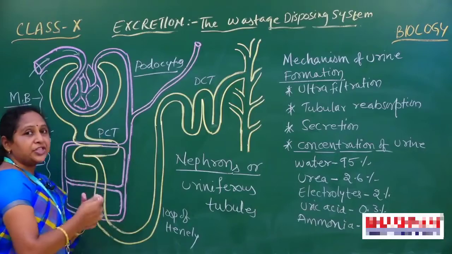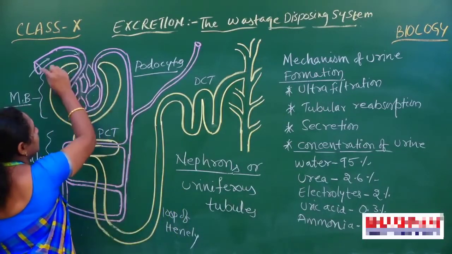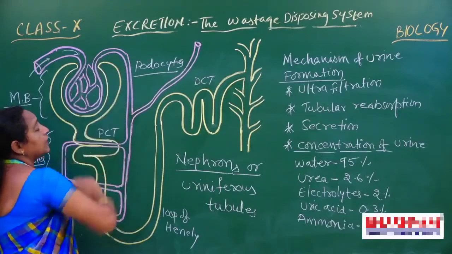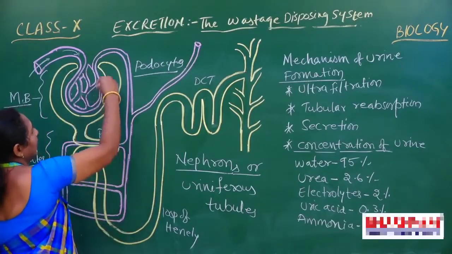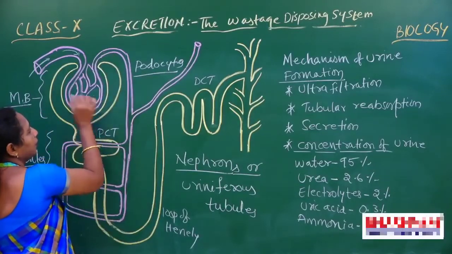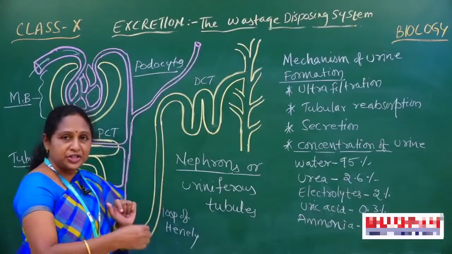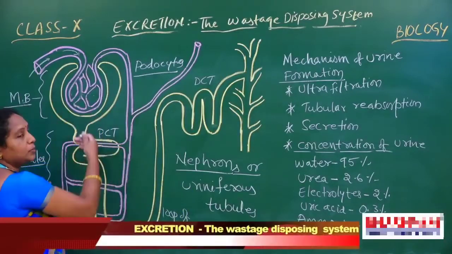To make pressure, the diameter of the outgoing vessel is different: as the outlet is very narrow, it gives pressure on the glomerulus. Clear? This pressure helps to filter all this material.